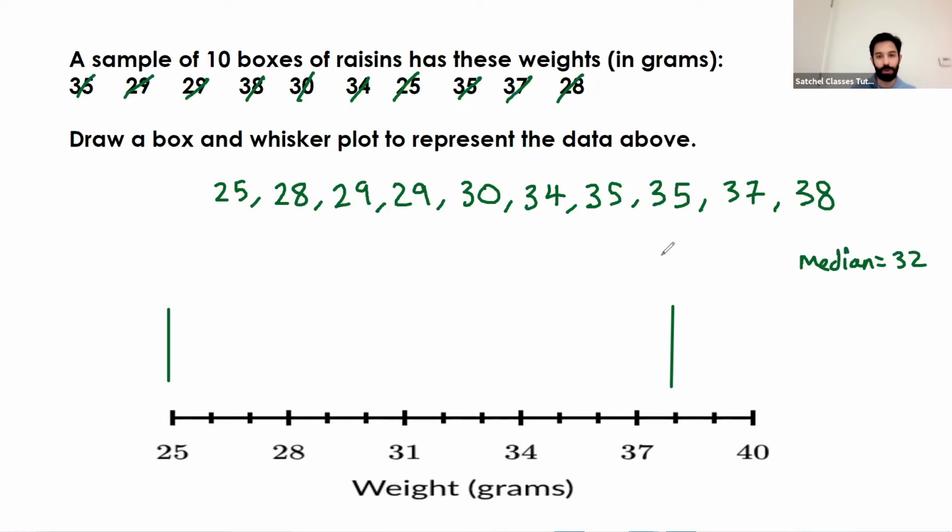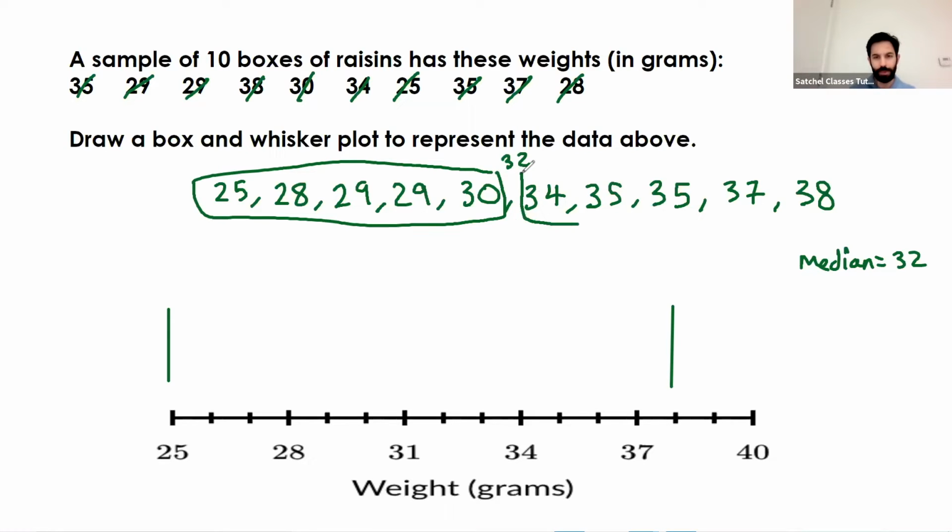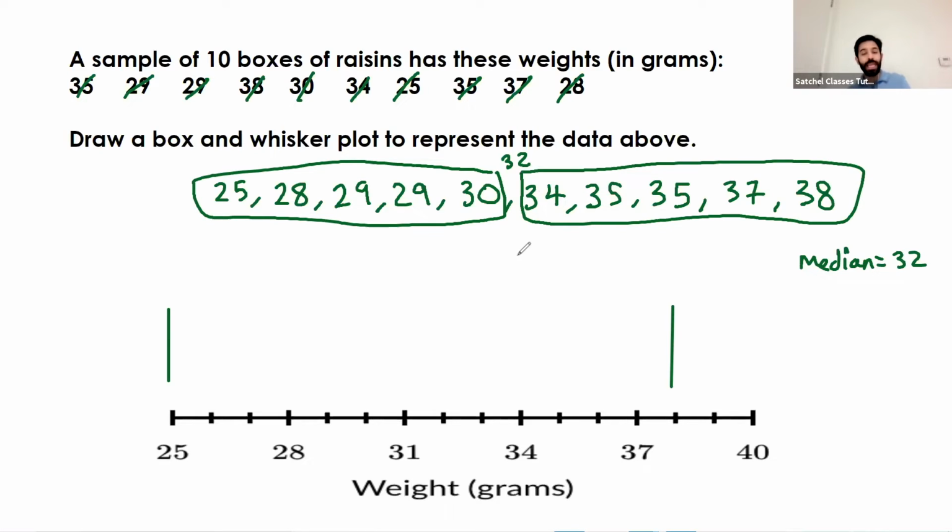Now we need to find the lower quartile. So if 32 is here, this will be our lower half, and this will be our upper half. In this case, it will be quite straightforward to find the lower quartile, because if I take one from the right, one from the left, from the right, from the left, 29 is going to be the middle value of these numbers.